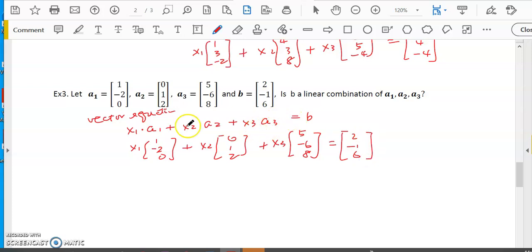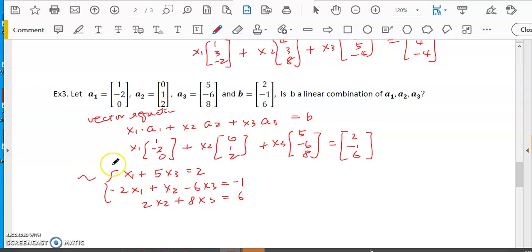Yes, one equation having three unknowns, but actually this is a system: x1 plus 0x2 plus 5x3 equals 2; -2x1 plus 1x2 minus 6x3 equals -1; and 0x1 plus 2x2 plus 8x3 equals 6. So it is actually equivalent.